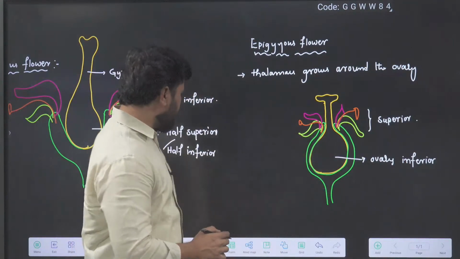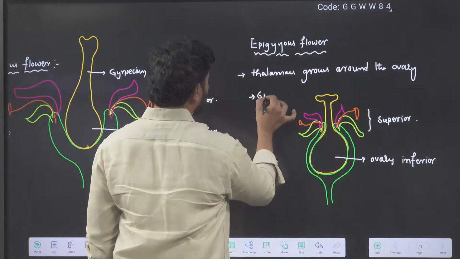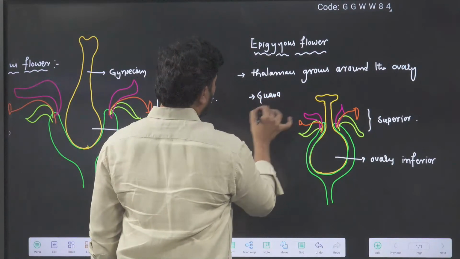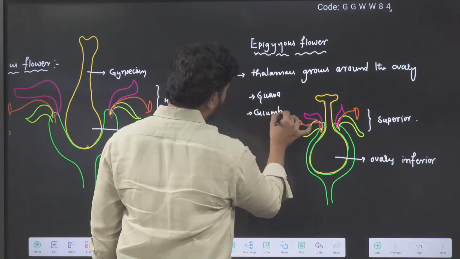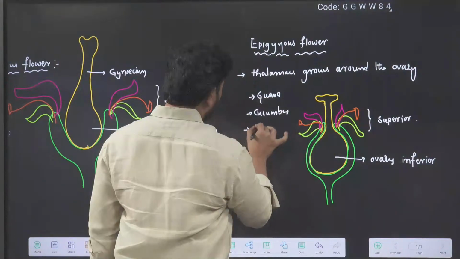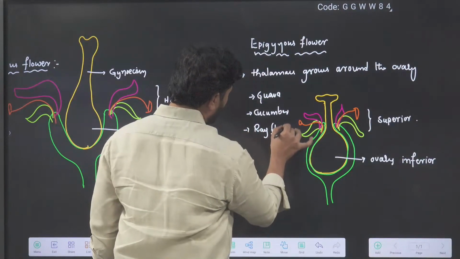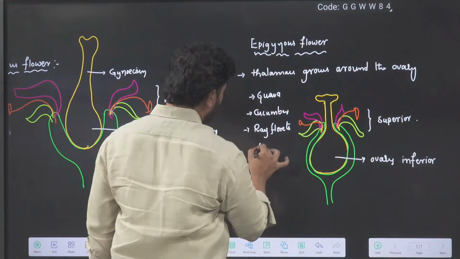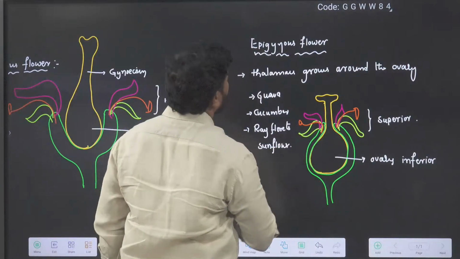In this case, examples if you notice: guava, cucumber, ray florets of sunflower. You know what are ray florets of sunflower? I have already shown you them in earlier classes.